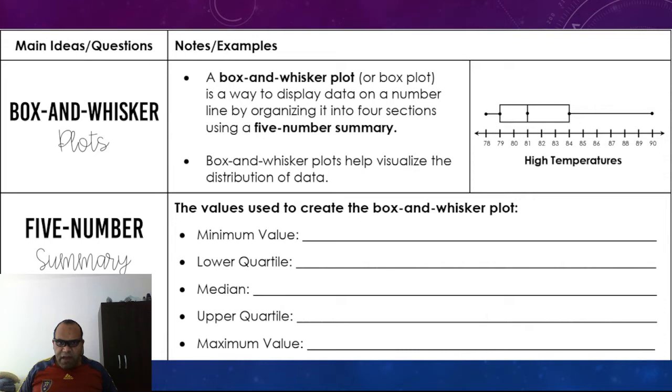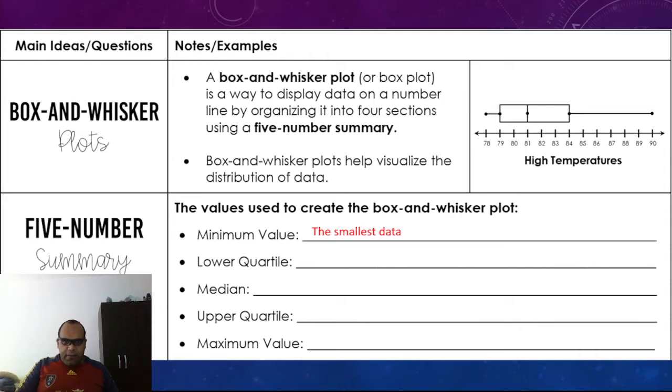The minimum value is the smallest data. Okay, let me type here. It's white. Let me change the color here. Okay, better. It is the smallest data. Okay, it is the minimum value.